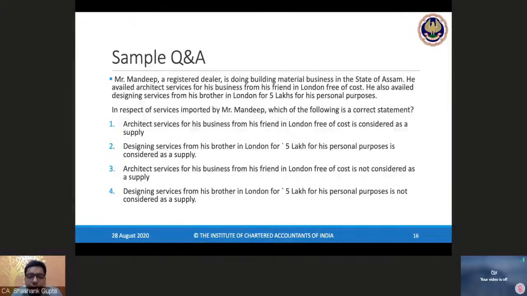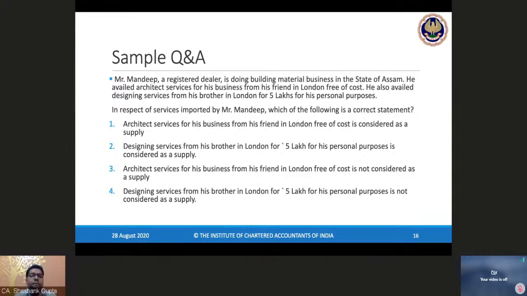Import of service for a consideration, even when not in the course or furtherance of business, will be treated as supply. So here there is import of service, yes. For a consideration, yes. For personal purpose, does not matter, because even if otherwise business purpose, it will be treated as supply. And hence, the second statement is correct.